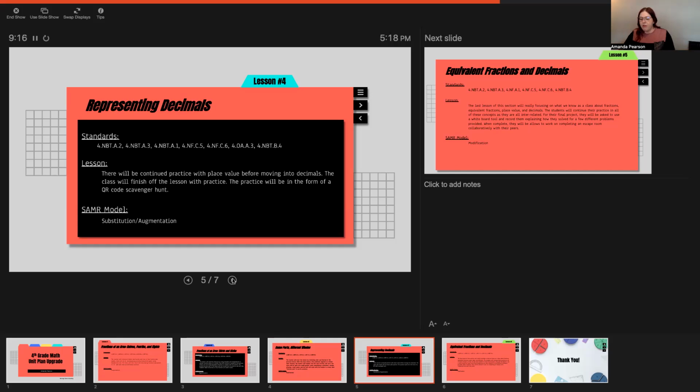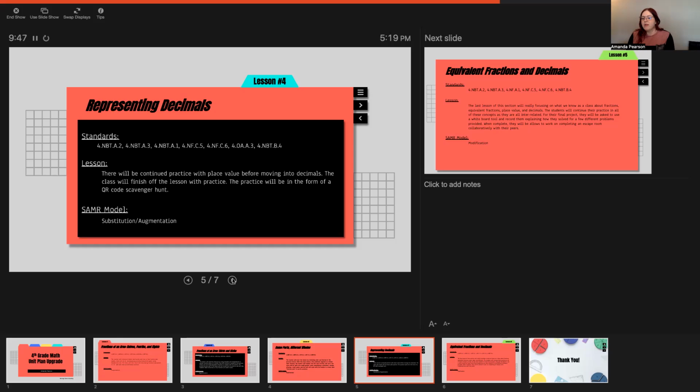This would be fun for them to practice their place values, which they learned previously in earlier lessons. It's just kind of a refresher, but building on that and really working into decimals and understanding the parts of the whole. This one I mentioned would be fun to do every now and then, but I do think that it might get kind of old for students if it's used repeatedly.